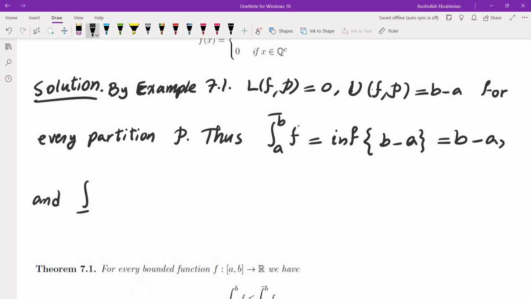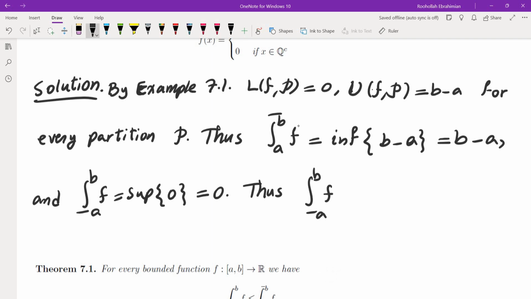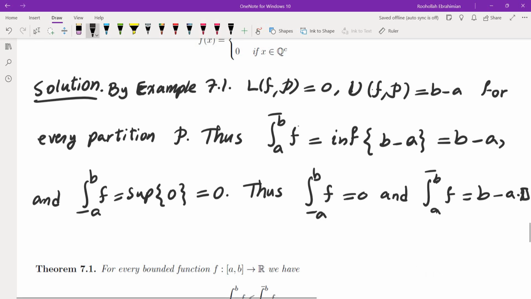And the lower integral is the supremum of, there's only one number in there, so that's just 0. So thus the lower integral is 0 and the upper integral is just b minus a. And that's the end of the solution here.